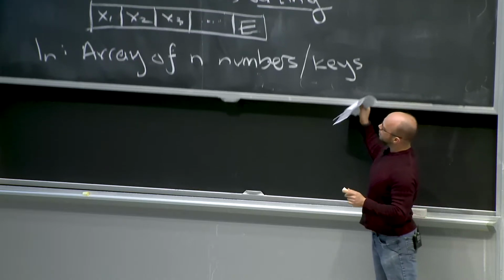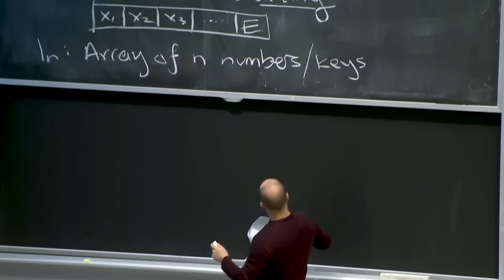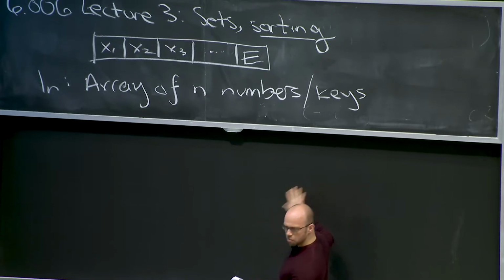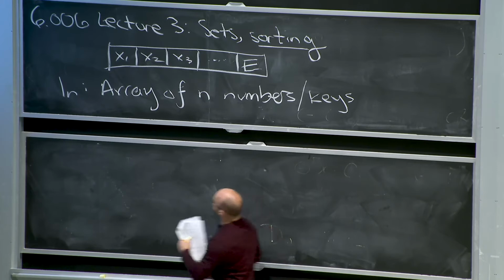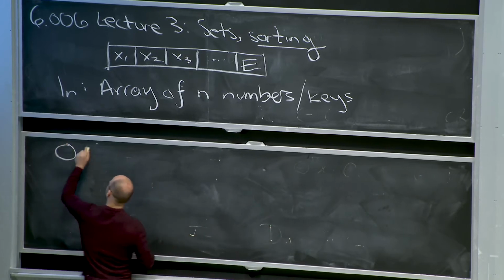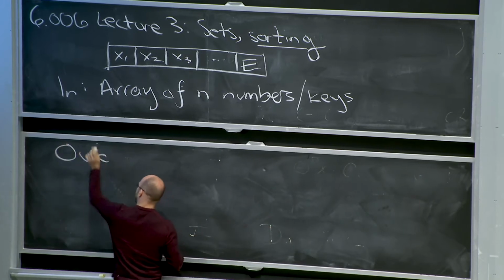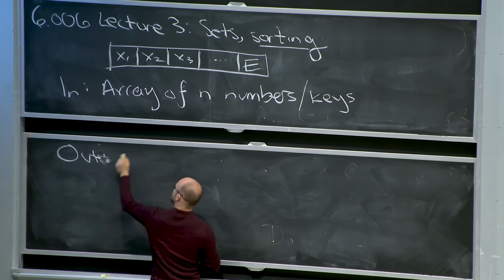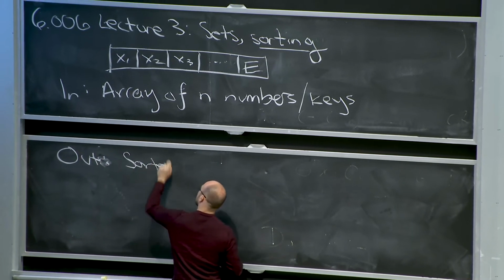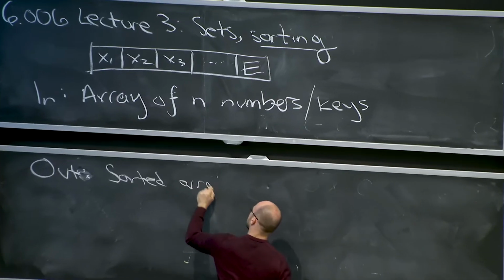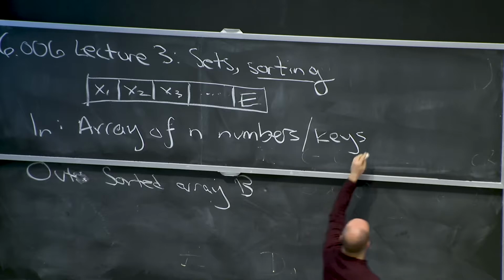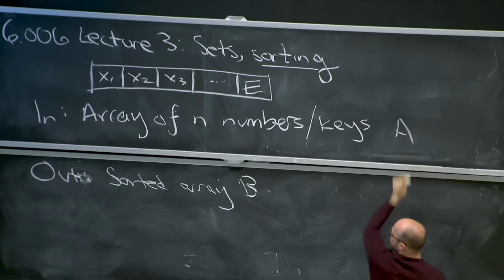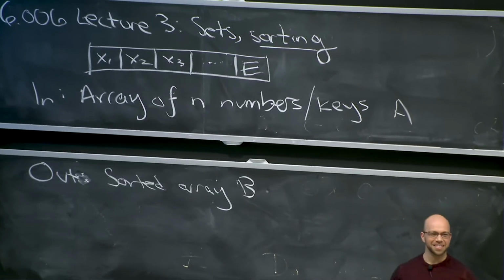And our output is going to be a sorted array, right? And we'll call this one B, and we'll call this one A.